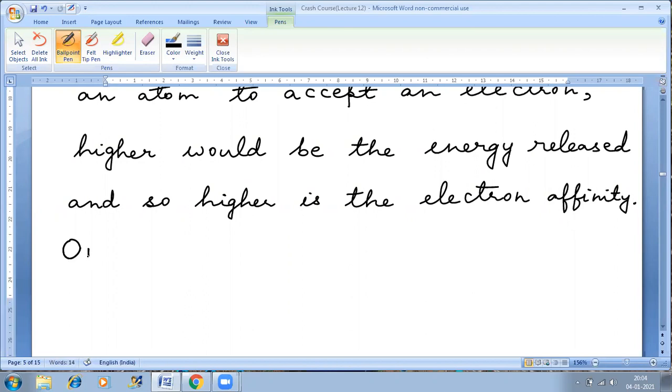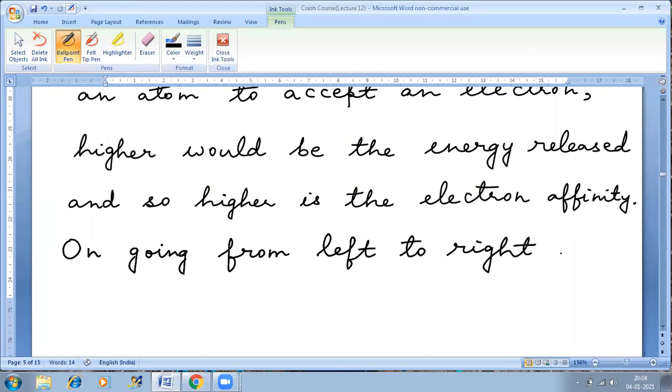So on going from left to right in a period, I'm traveling in a horizontal manner.